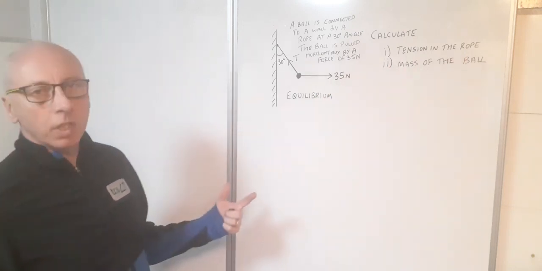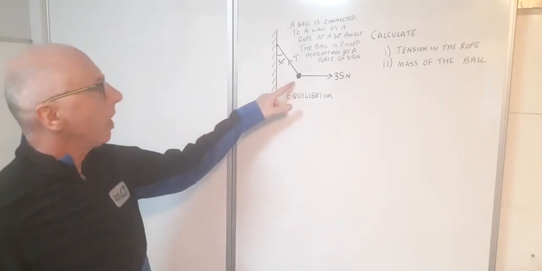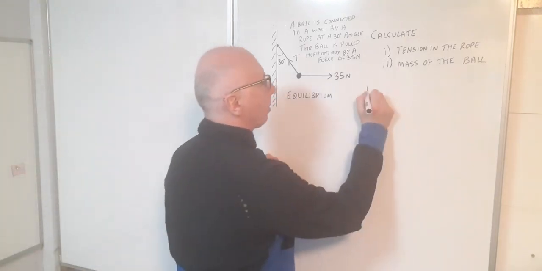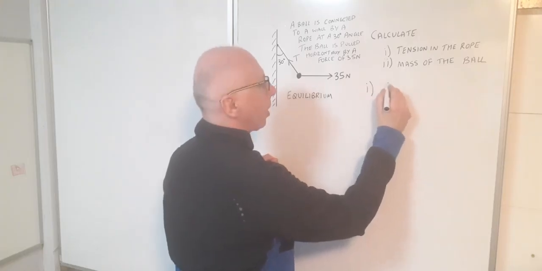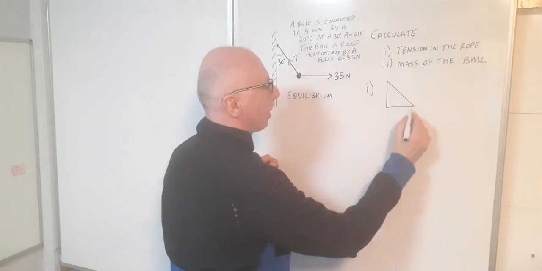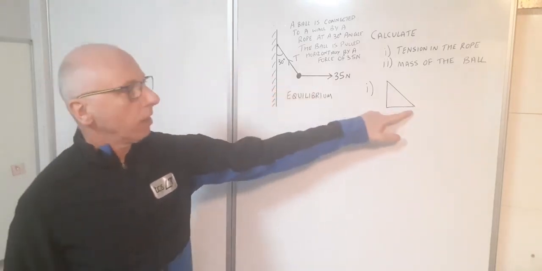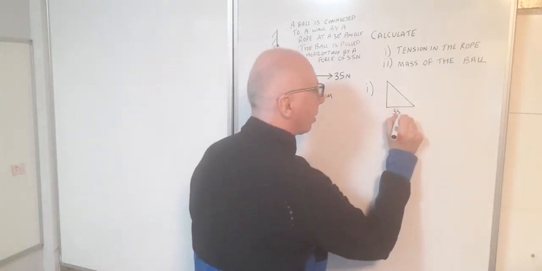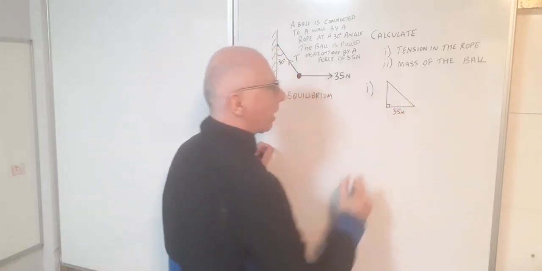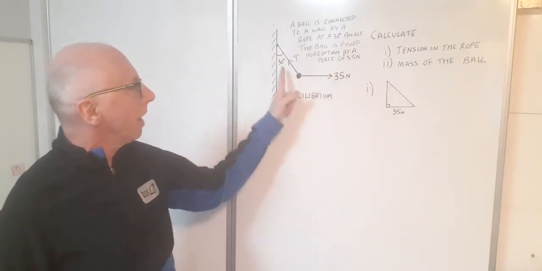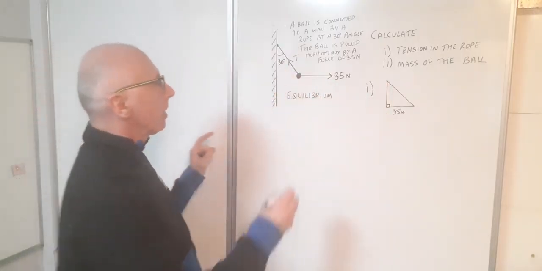So first of all, I'm going to set up a triangle to represent my forces and the directions. So looking at part one, if I draw a triangle like this, then in this horizontal position, I will put my 35 newtons. Obviously got a right angle there. My vertical force coming down will be the weight acting on the ball.